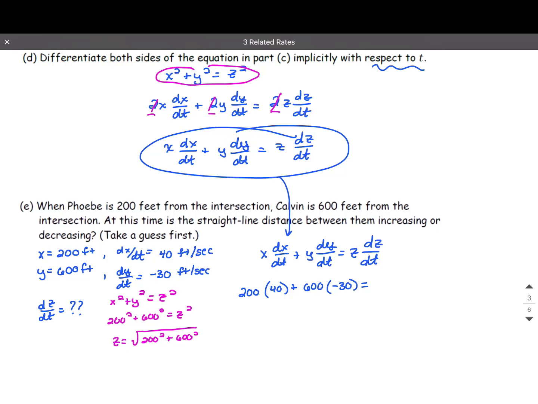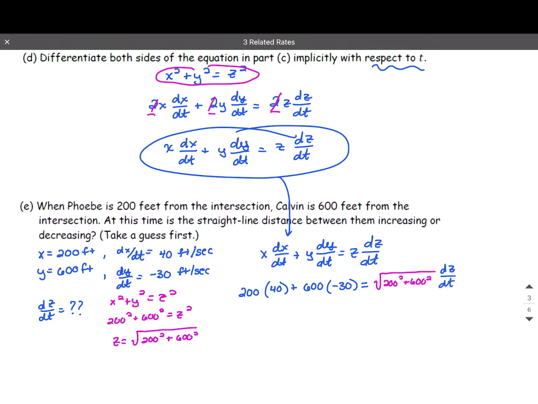Yes, on the AP exam, you're allowed to round every problem to 3 digits after the decimal, but only at the end of the problem. So my suggestion, don't even worry. Put in square root of 200 squared plus 600 squared. Then remember, we still have a dz/dt here.